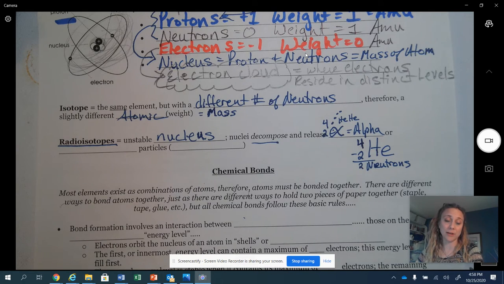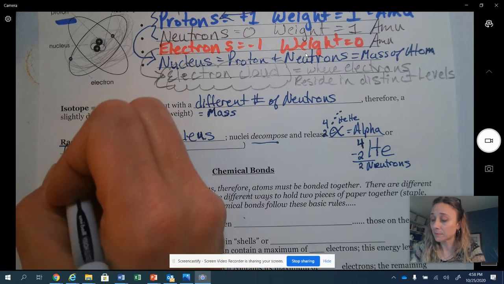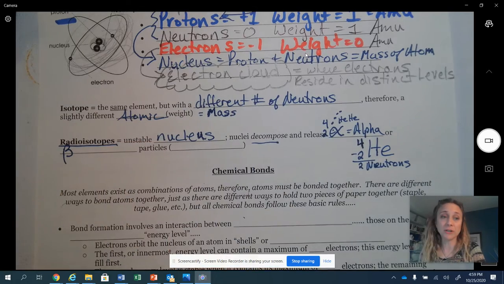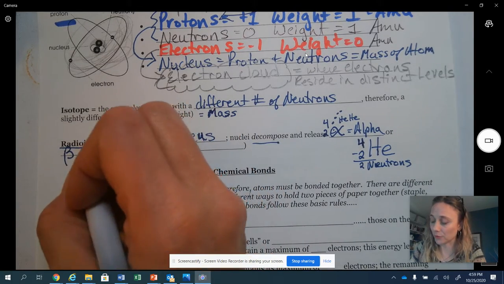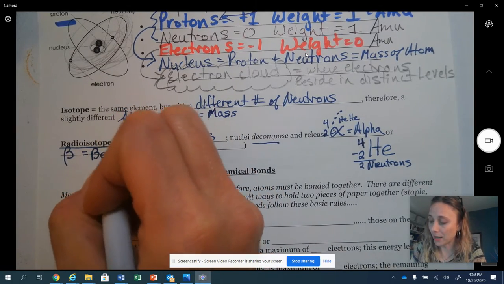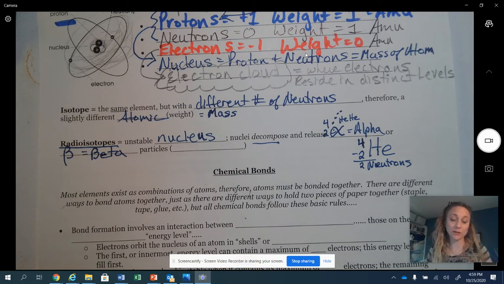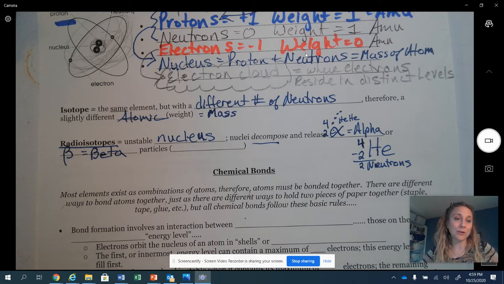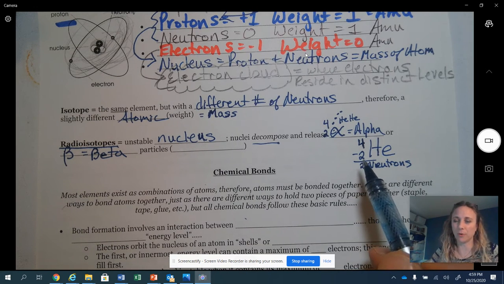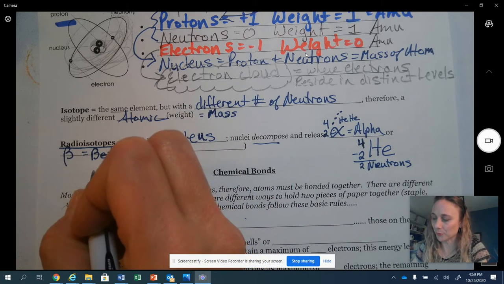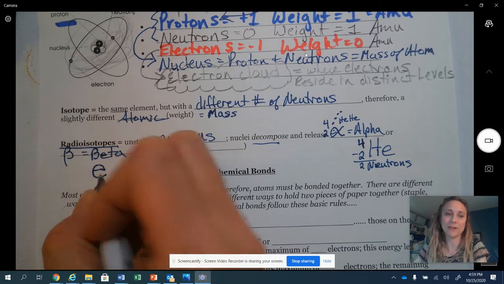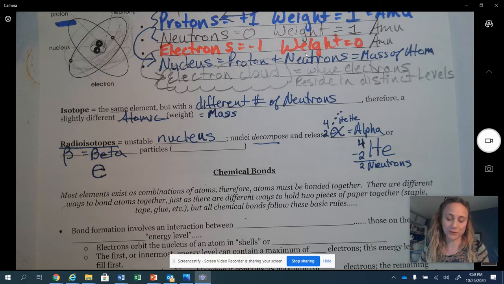Another radiation that you can have that's pretty common is beta. There's that beta. I always think of beta as bad, but it's not really. It's just a little negative. So beta is an electron. And you know how we relate the number of protons at the number at the bottom? Well, it's an electron, so it's really just an electron flying around. But we give it a nice abbreviation of E, just to round that out.